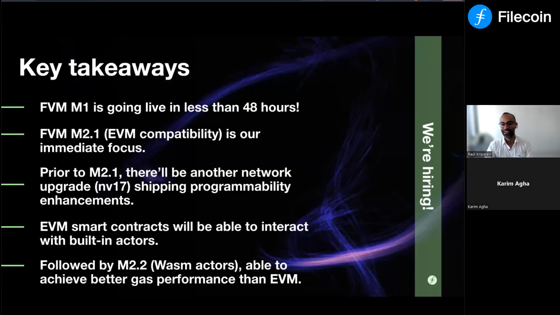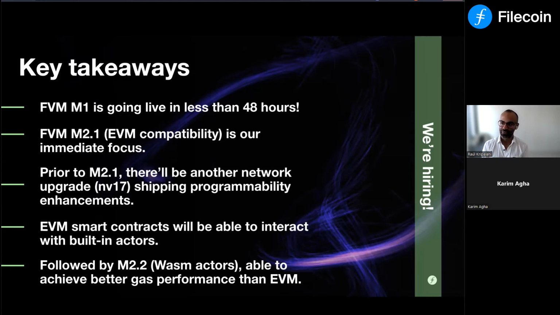All right. So we've walked you through M1, everything that went into M1. It's going live in less than 48 hours, and mainnet, fingers crossed, everything will be great. Then I also talked about M2, and M2.1 being EVM compatibility.